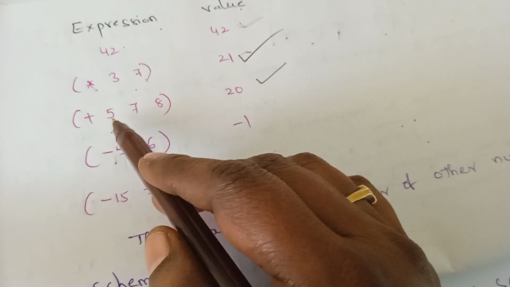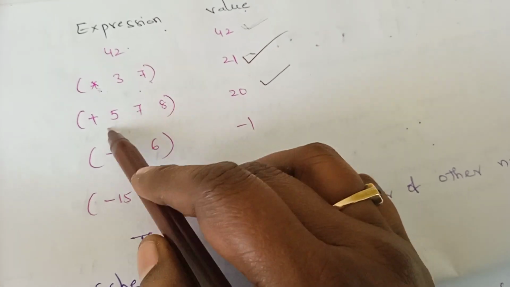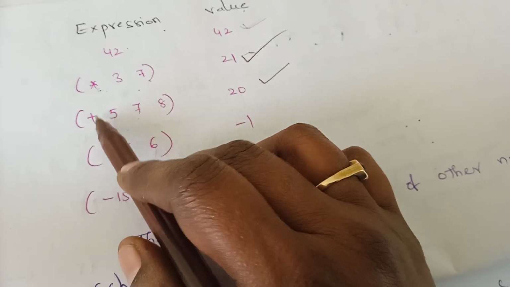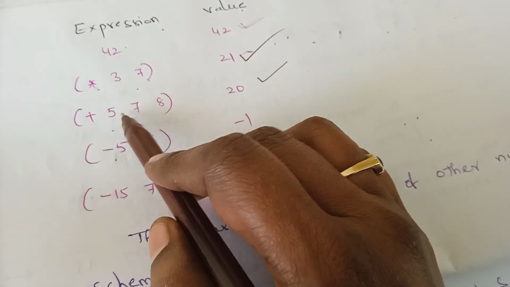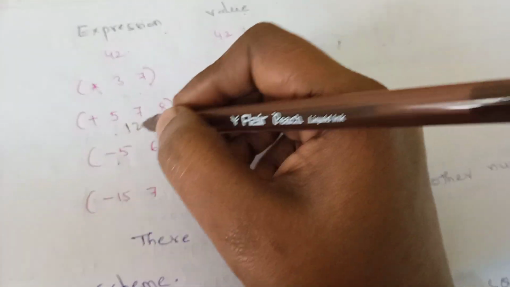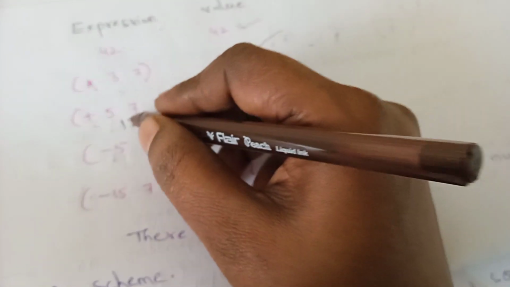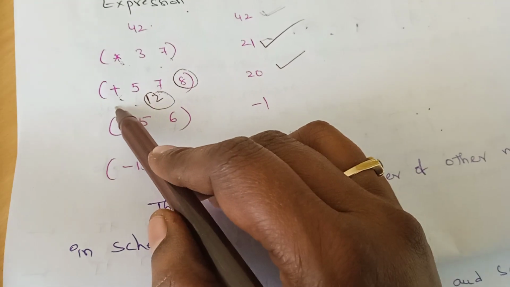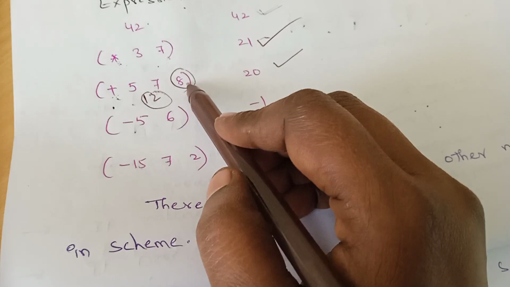How will it be? 5 and 7 are parameters of the inner function plus. That means plus will add these parameters together. 5 plus 7 will become 12. Now the outer function again has two parameters, 12 and 8. Again the function is applied on these two parameters.